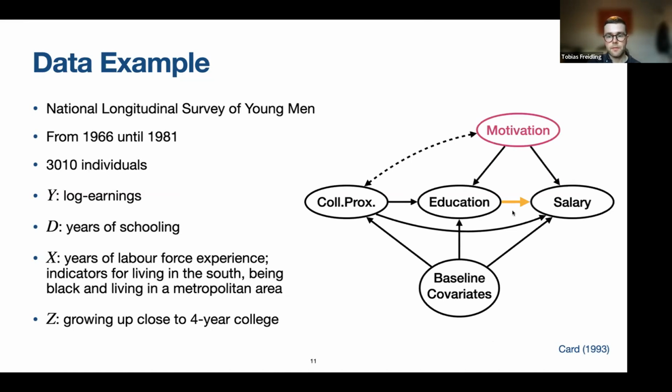So we have this data set, including a couple of baseline covariates, like years of labor force experience, indicators for living in the southern USA, being Black, and living in a metropolitan area. We also have a proposed instrument, which is growing up close to a four-year college. Now, there are a lot of potential unmeasured confounders that we can reason about, but for the sake of illustration, we just focus on motivation here.